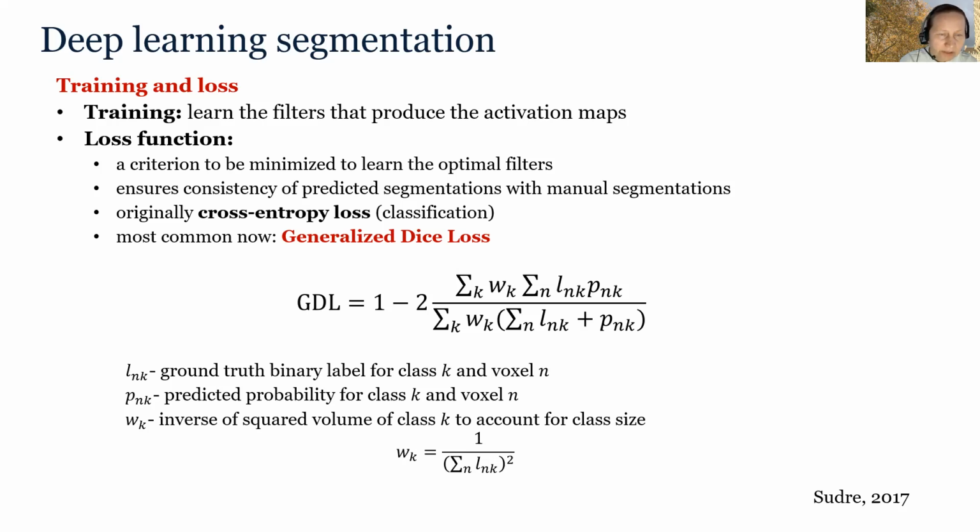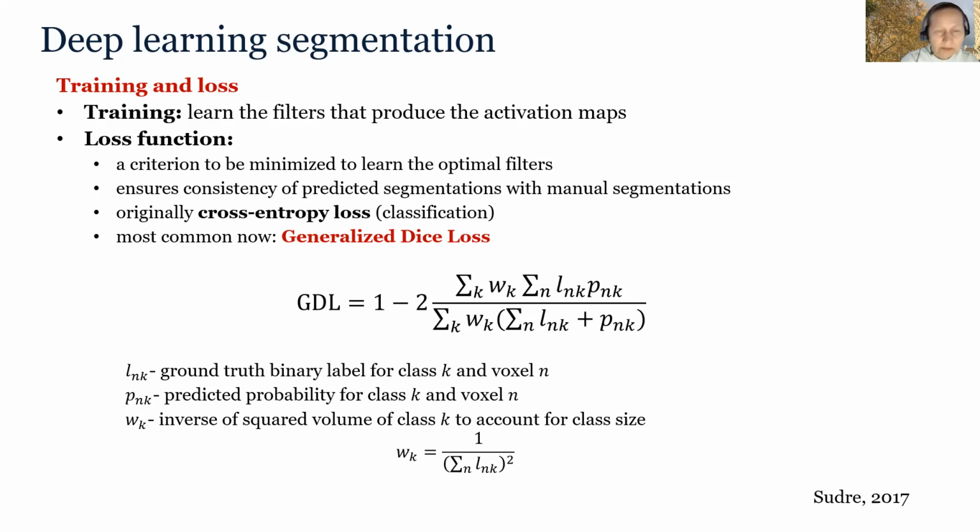However, people have worked out that we can use something more related to dice score, which is our favorite overlap measure. And dice score, of course, would only work for binary segmentation. And we don't want to be restricted to binary. We usually want multi-label segmentation. So instead of dice score, we can use something that is called generalized dice score. And this is a dice score for multiple labels.